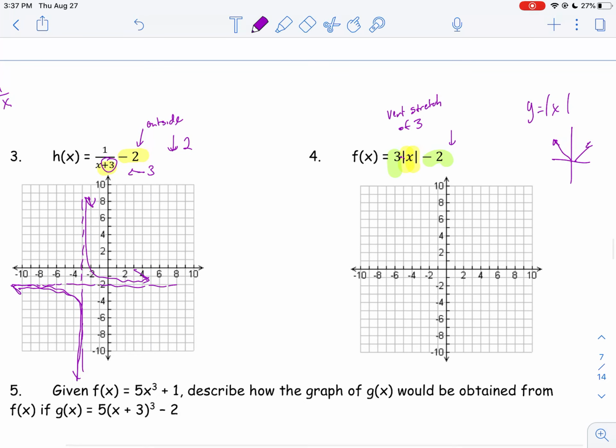The minus 2 is going to go down 2. So I go down 2. This is kind of my new origin, so to speak. Normally I would go over 1, up 1, but now I'm going to go over 1 and up 3, because it's 3 times as tall. Do it again, over 1, up 3, and so on. It's absolute value. I'm going to have the same in the other direction as well.